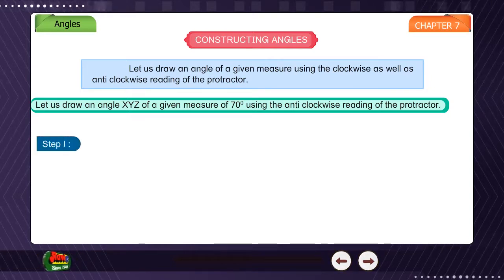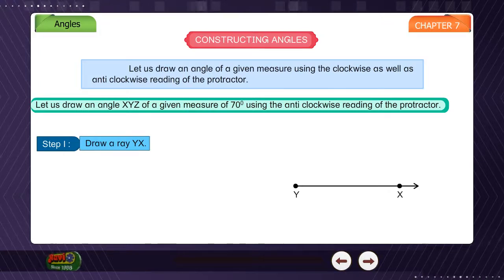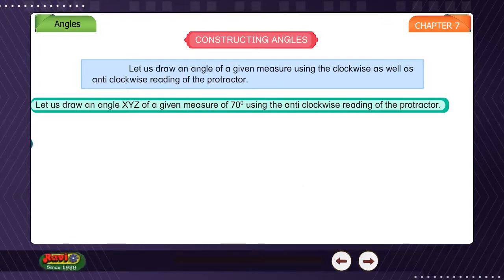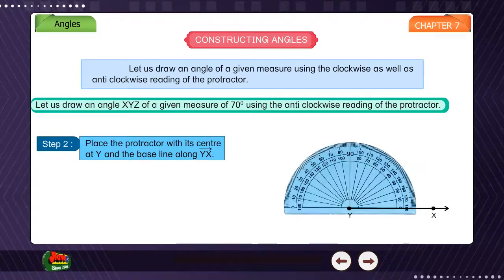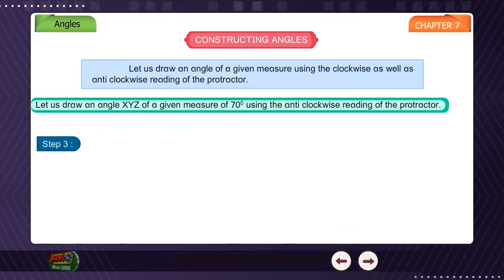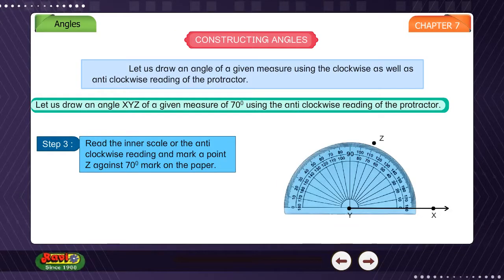Step 1. Draw a ray YX. Step 2. Place the protractor with its center at Y and the baseline along YX. Step 3. Read the inner scale or the anti-clockwise reading and mark a point Z against the 70 degrees mark on the paper.